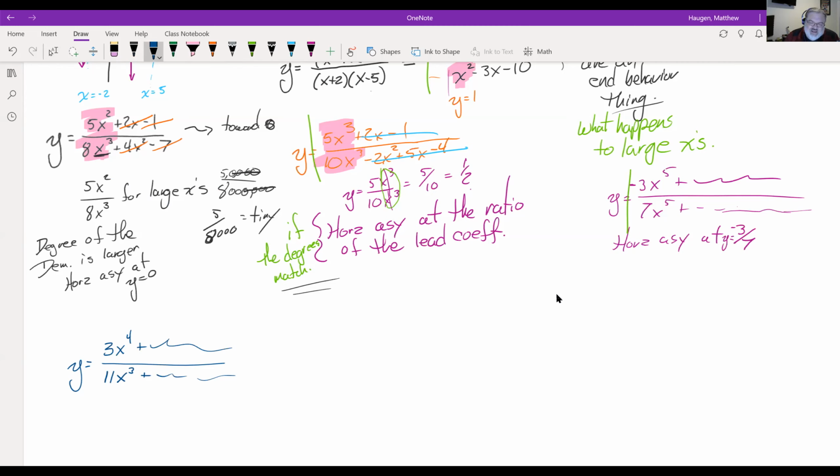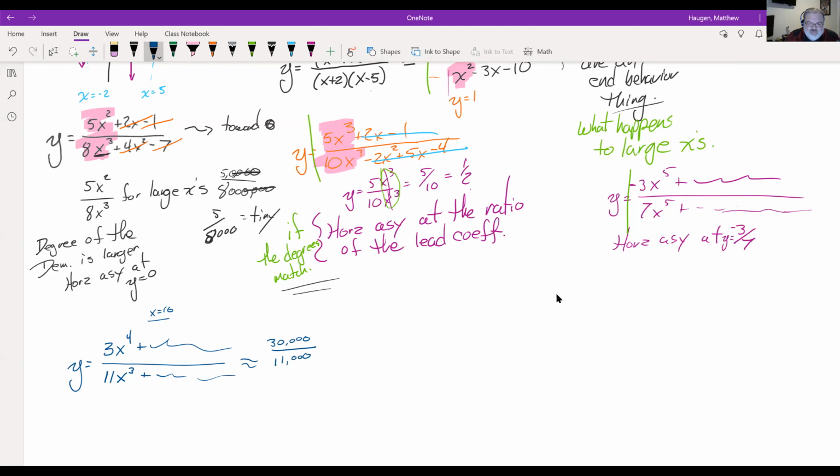Even at a value like x equals 10, you're going to have 3 times 10 to the fourth, which is 10,000, so that's going to be 30,000 over 10 to the third, which is 1,000, times 11 is 11,000.